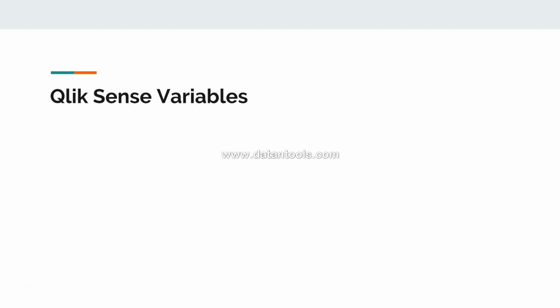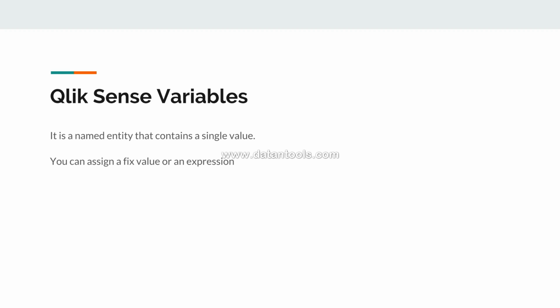But what's the definition within Qlik Sense? Well, in Qlik Sense, it is a named entity that contains a single value. Now you can assign a fixed value or an expression to the Qlik Sense variable. So you have two ways.